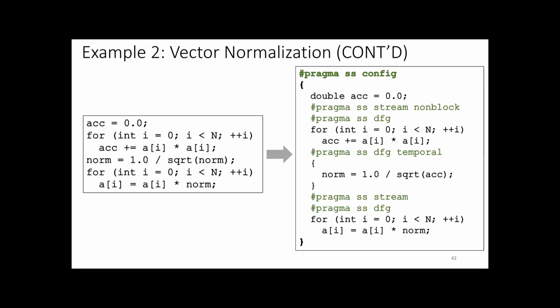Something you can play with, which I didn't cover in my slides for the sake of time, is to put unrolling clauses here to see the accumulator actually generate a reduction tree for you.